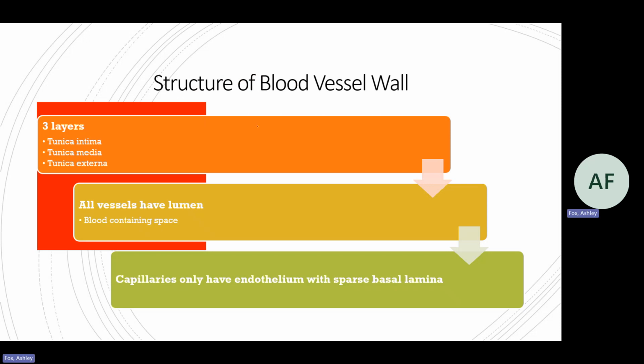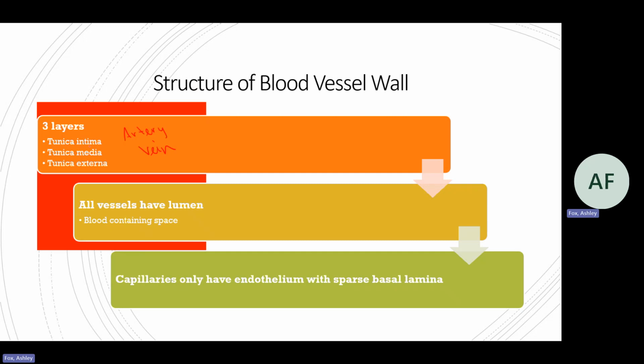So all blood vessels, whether it is an artery or a vein, because capillaries are different, are going to have three layers, and they're going to vary in content and size based on whether it's an artery or a vein. But they have three tunicas, is what we call them.